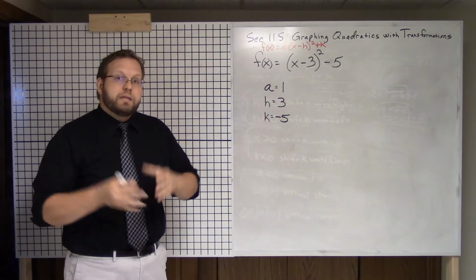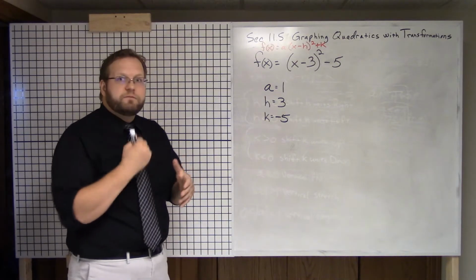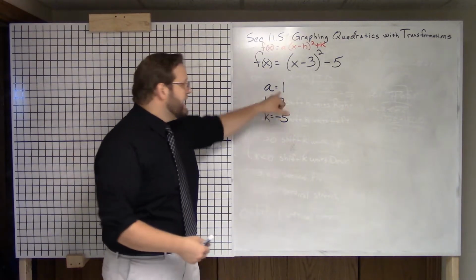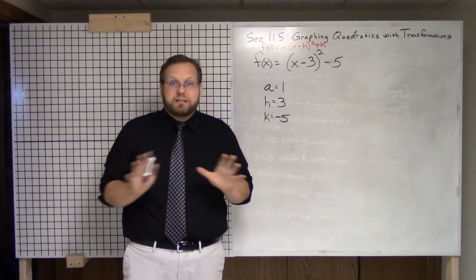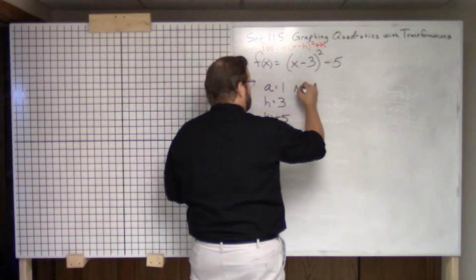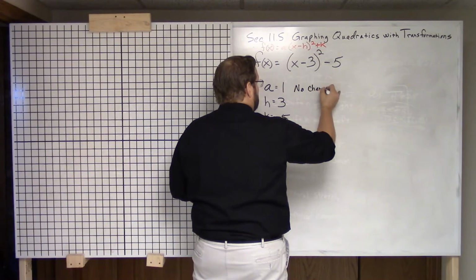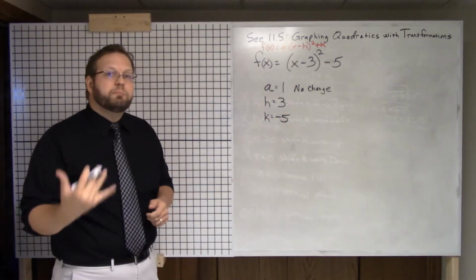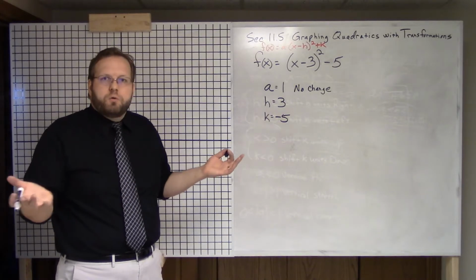Okay? The next thing I want you to do is very simply state what that does to a graph. If the a is 1, remember that wasn't really talked about because if you multiply by 1, you don't do anything. So I'm just going to say no change. Sometimes I'll also just kind of draw a line next to it. Don't leave it blank though, because then it looks like, well, I didn't know what to put there.